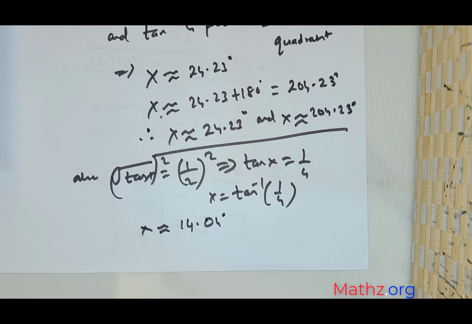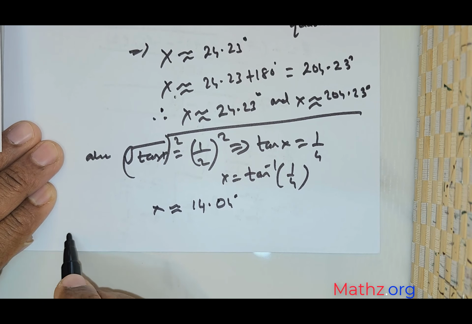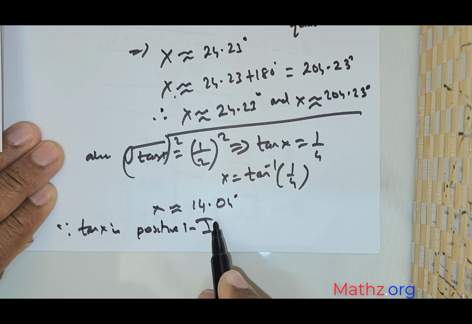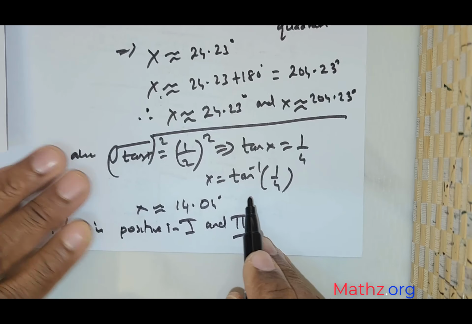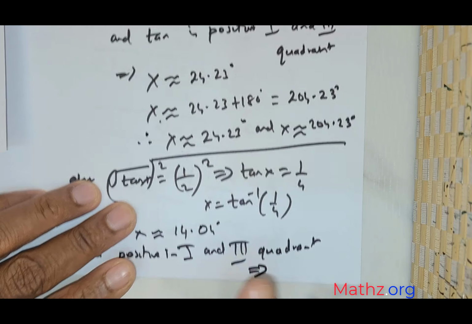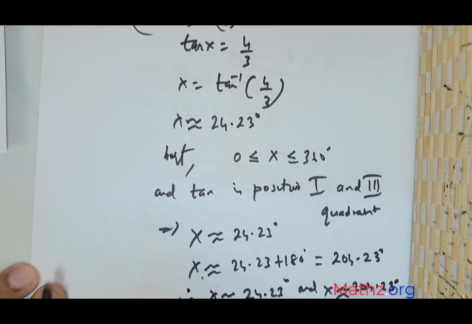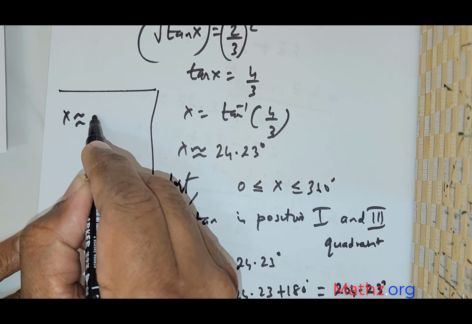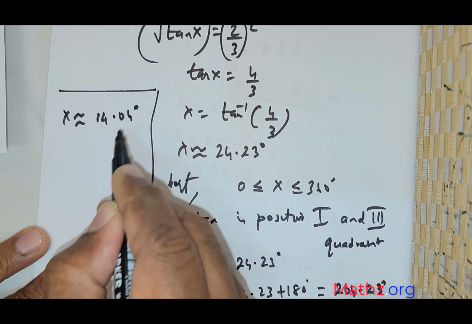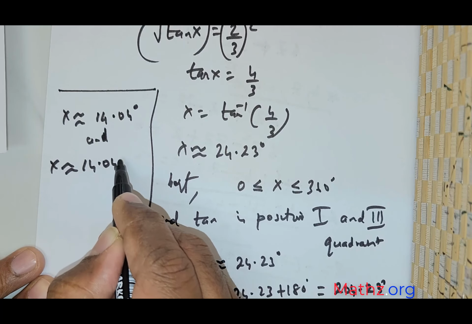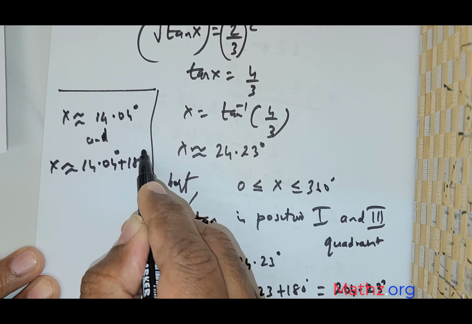Now by the same concept, since tan x is positive in the first and third quadrant, x is approximately 14.04 degrees and x is approximately 14.04 degrees plus 180 degrees.